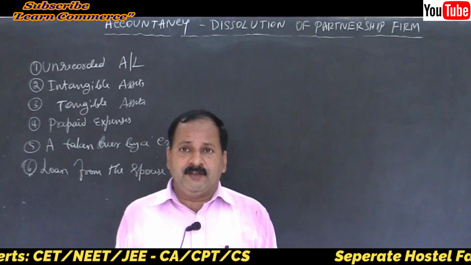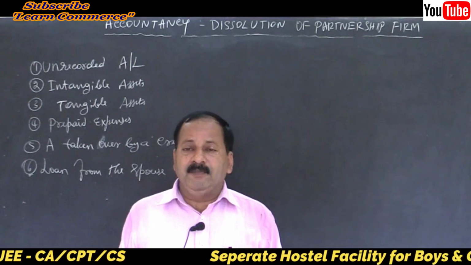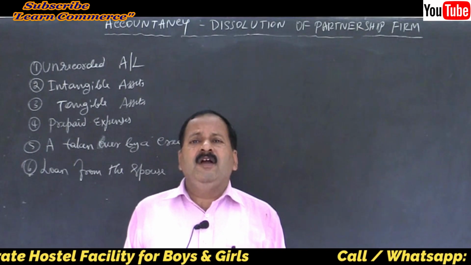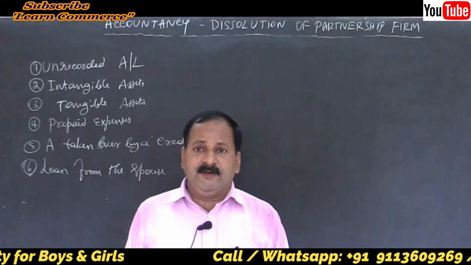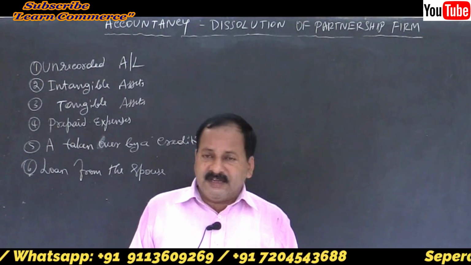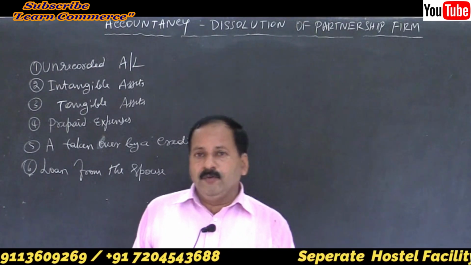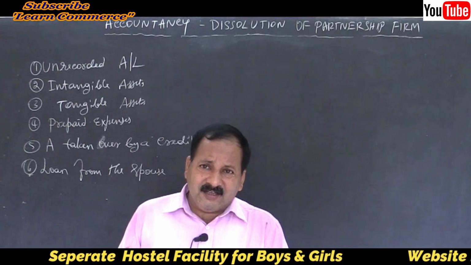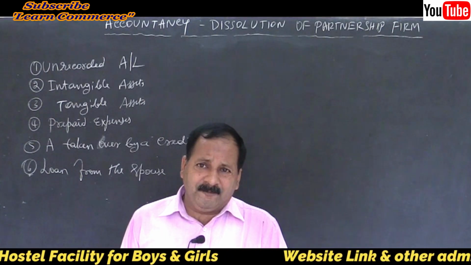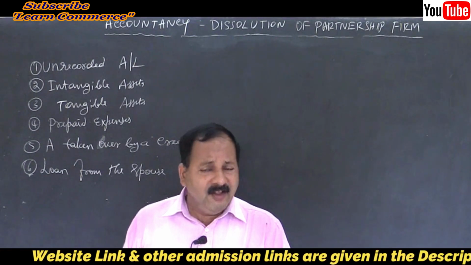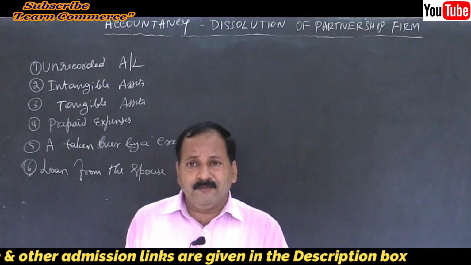One 2 marks theory question and one compulsory 12 marks problem you will get from dissolution of a partnership firm. And it is the easiest one compared to admission and retirement, this is far better because there is no goodwill treatment here. Goodwill treatment is not there, so only one ratio will be there. No question of sacrifice, gain, new profit sharing, old profit sharing, nothing is there in this, so no confusion.